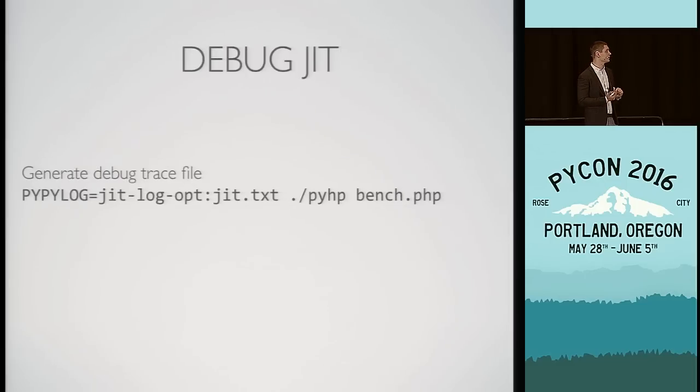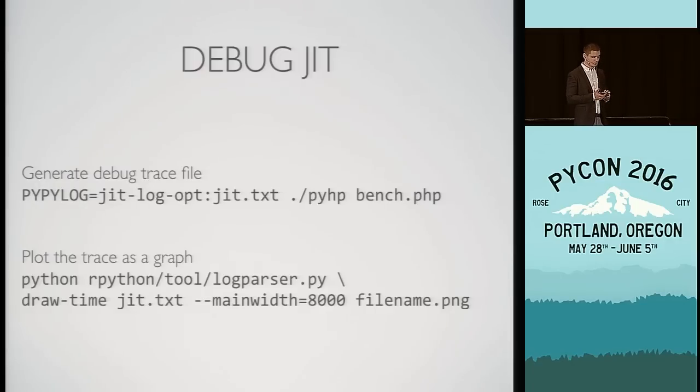What you do is you can make a PyPy log file, and you can use this both when you're running your own programs, your own interpreters, or if you're just using PyPy. By outputting a JIT log file, it will actually tell you every single thing it does. Every time it decides to compile machine code, every time it tries to access some variable and it's not available, it just spits everything out.